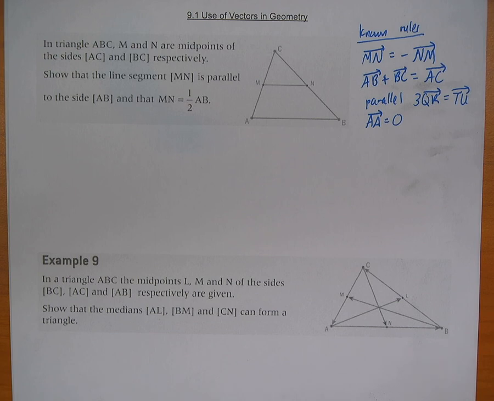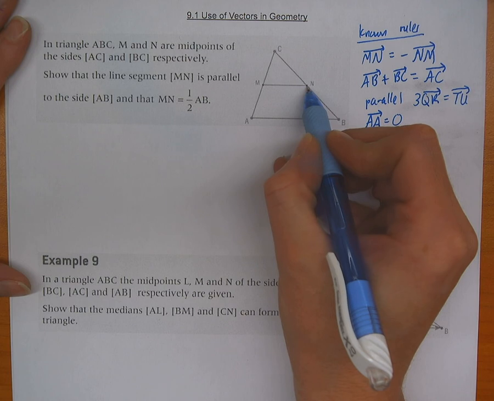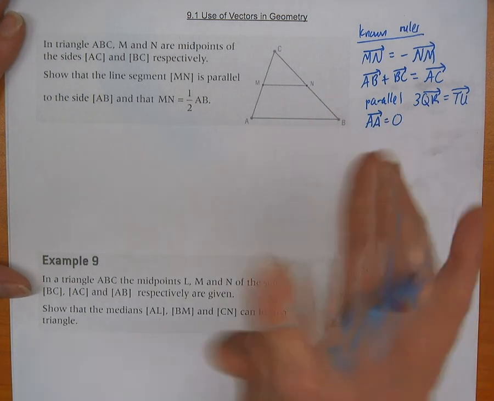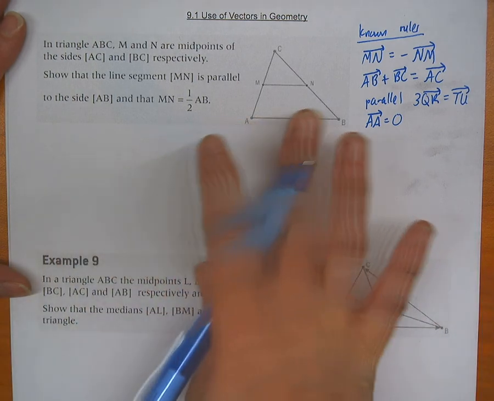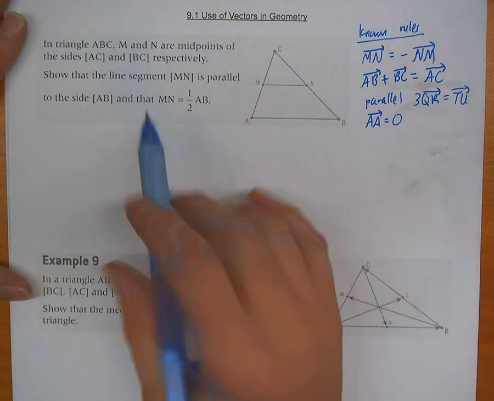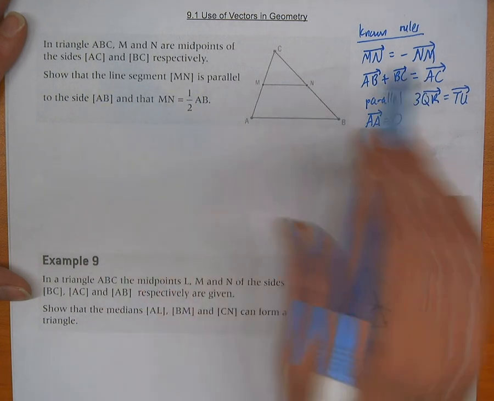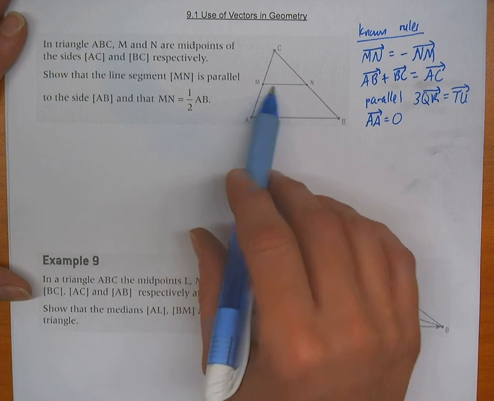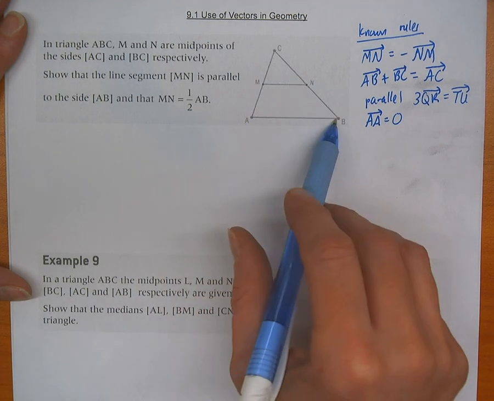We are supposed to do 2 things here. We're supposed to show that this segment here, MN, is parallel to AB, but not using the geometry rules from freshman, sophomore year, or maybe even 8th grade. We're using vector stuff. And we want to show that MN is half of the length of AB.